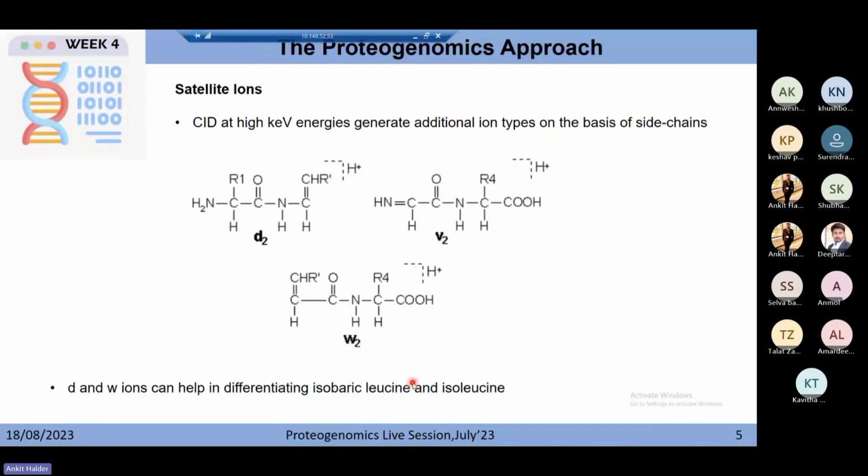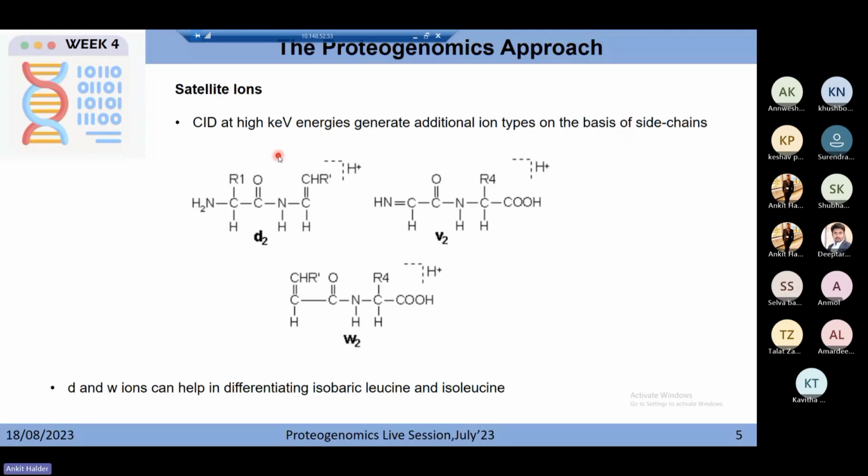Another type of ions are your satellite ions. Satellite ions are formed when CID, collision induced dissociation, is performed at high kilovolt energy. Not only your X, Y, Z, A, B ions or the immonium ions are formed; there are some additional ion types, generated on the basis of your side chain.